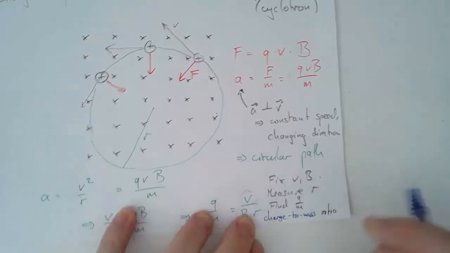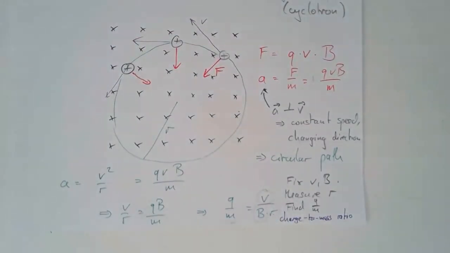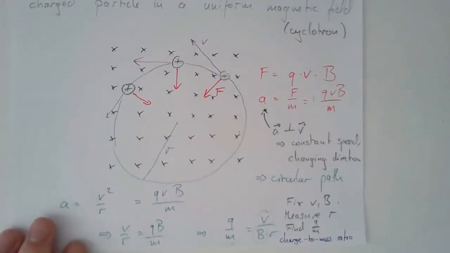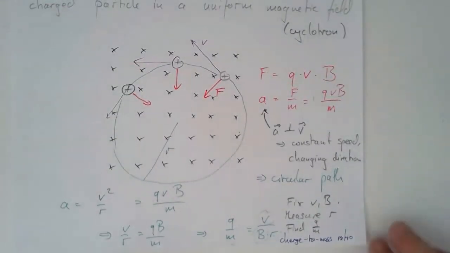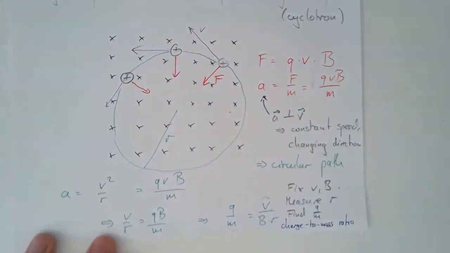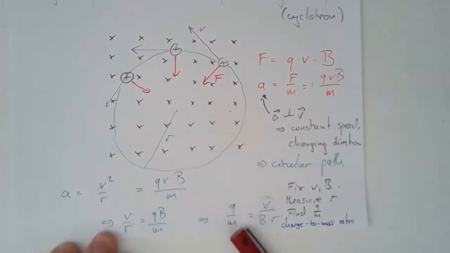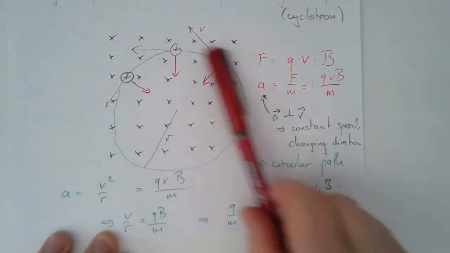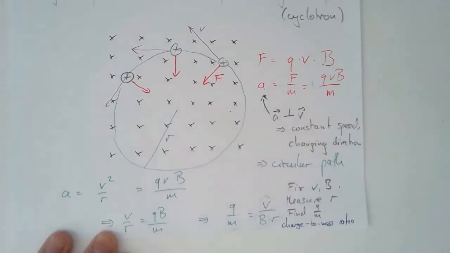So for example, say you've got a bunch of protons and electrons, right? They're also going to go in opposite directions. Like one goes this way, one goes the other way. But just from the radii that you'd measure, because they have the same charge but different masses, they trace out different sizes of circle. Right? A proton would make a much bigger circle, and it makes sense.